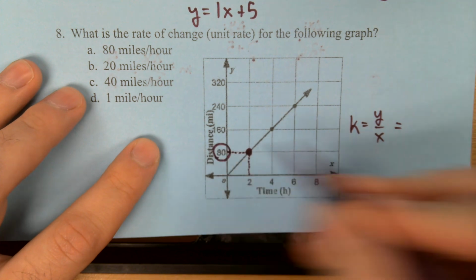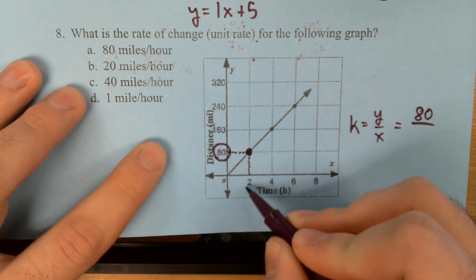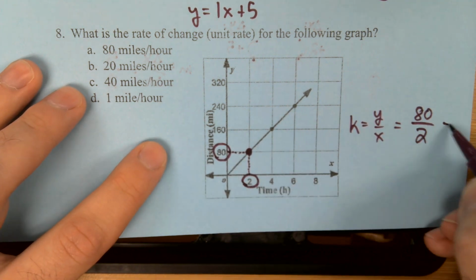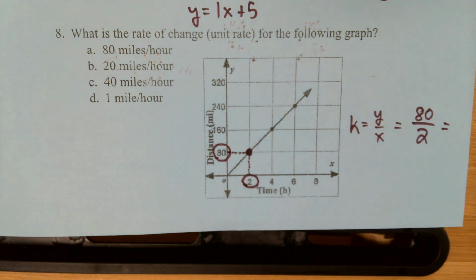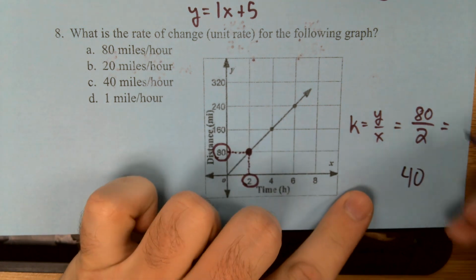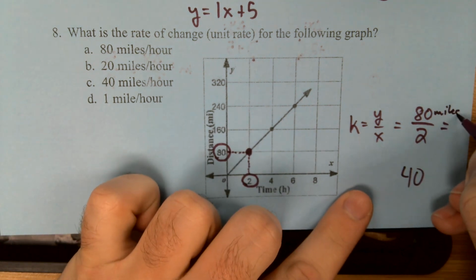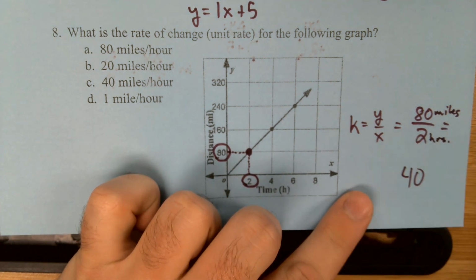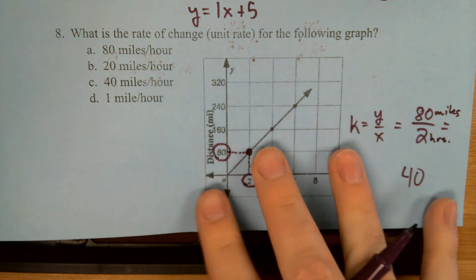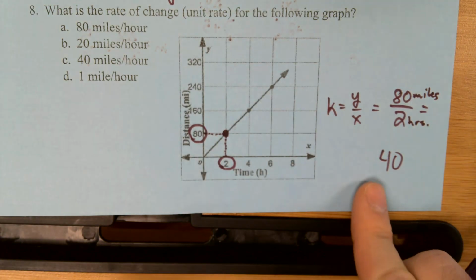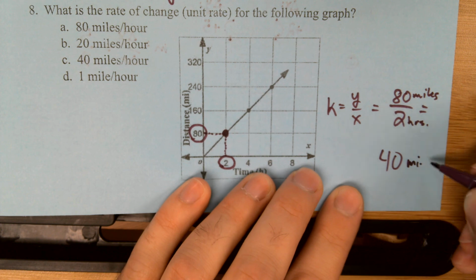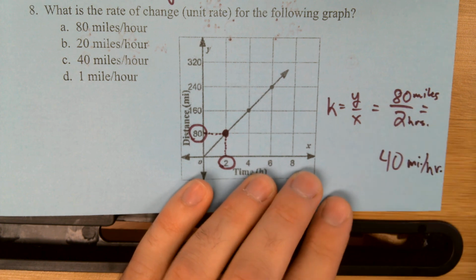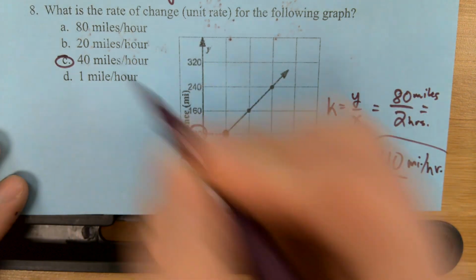Our y value is 80. Our x value is 2. What does 80 divided by 2 give us? 40, right? 80 was in miles. 2 was in hours. So what are the units going to be for our final answer of 40? Miles per hour, right? Option C.